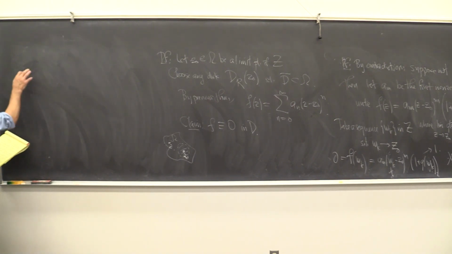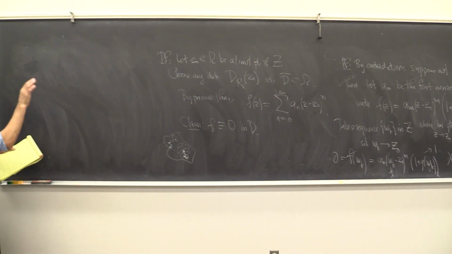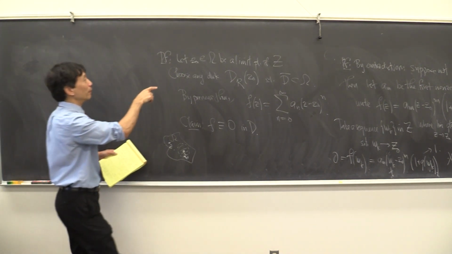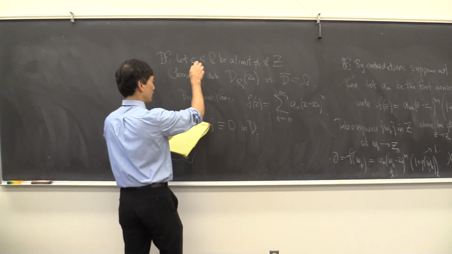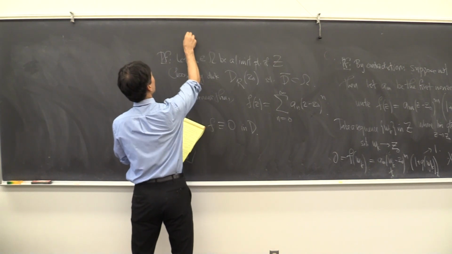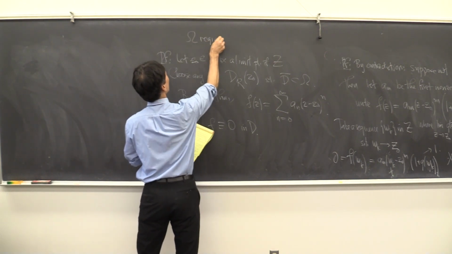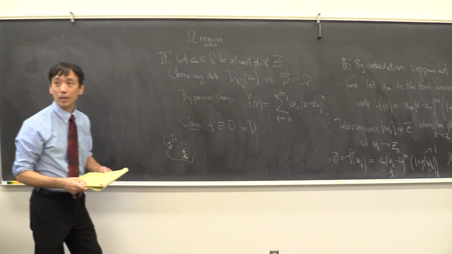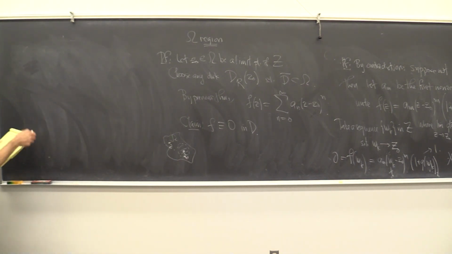You say, well, look, both rely on the connectedness of omega. So I don't think I said it, but omega is a region. So it's a connected set, connected open set.